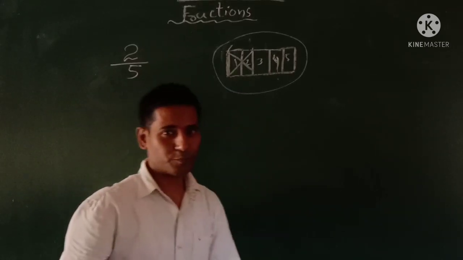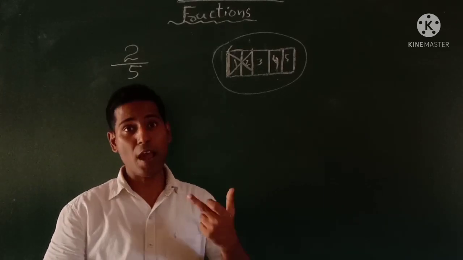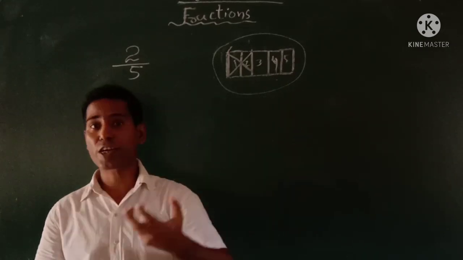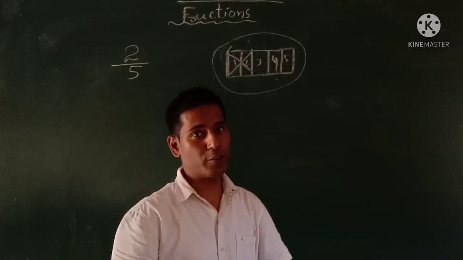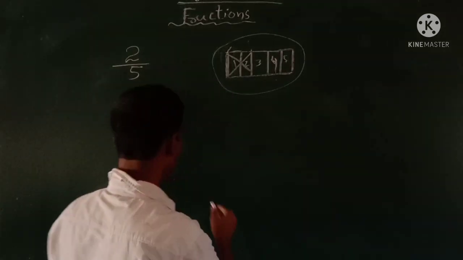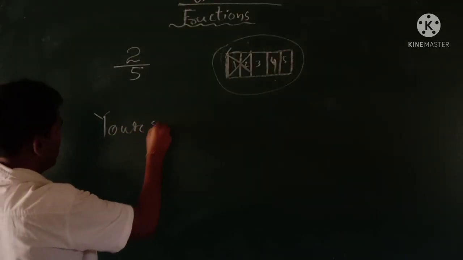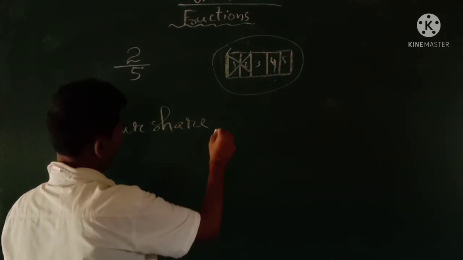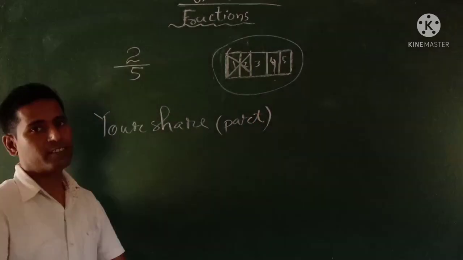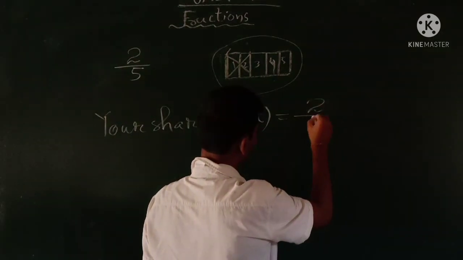Well, now see, what share of the cake have you got? You have got 2 out of 5 parts. And what share of the cake have I got? I have got 3 out of 5. Are you getting me? This is what is called a fraction. So your share, or you can say your part, whether you say share or part, no problem, is 2 out of 5.